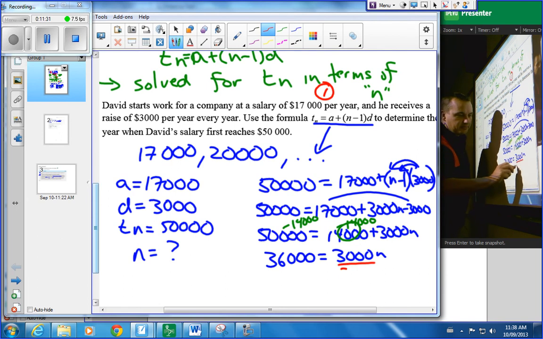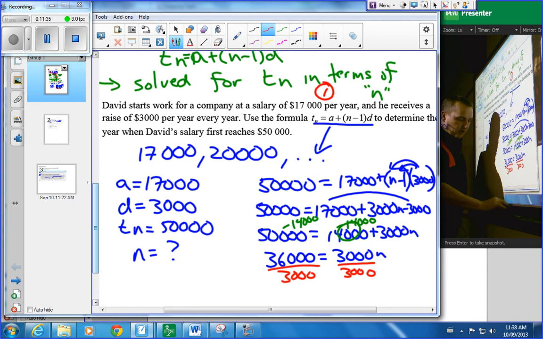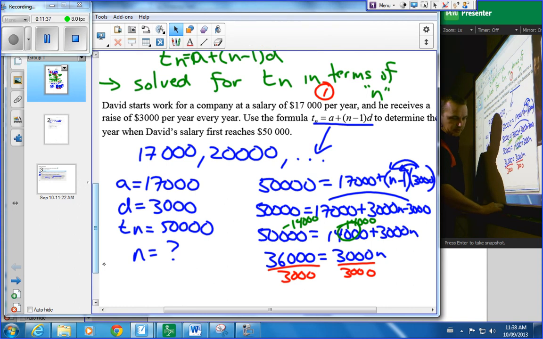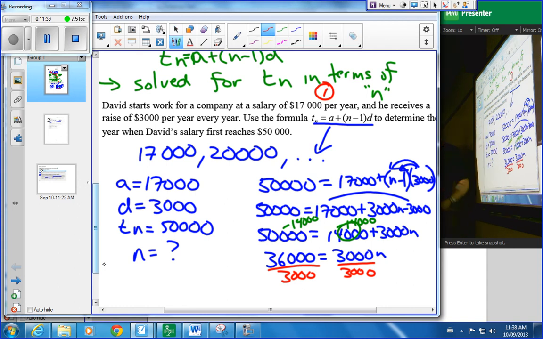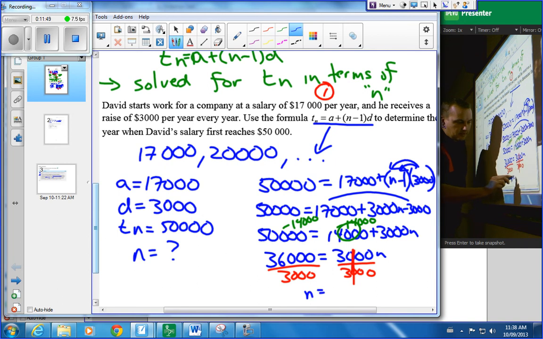So let's divide by 3,000. Divide by 3,000. Again, why are we dividing? We're not going to get rid of it, but we want to make a 1, right? So we're not magically making it disappear. We're getting an understood 1 out in front of that n. So n is 12. And it did work out perfectly.